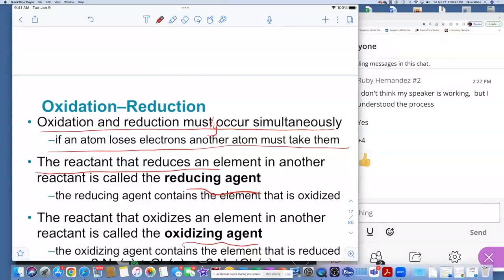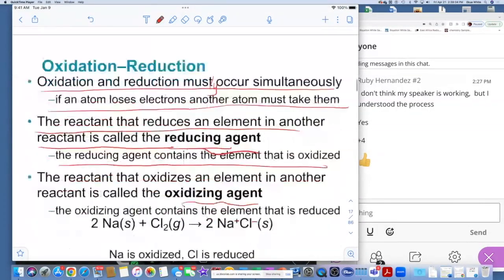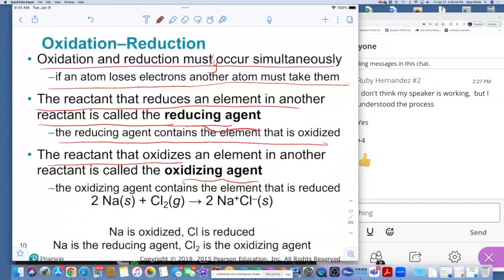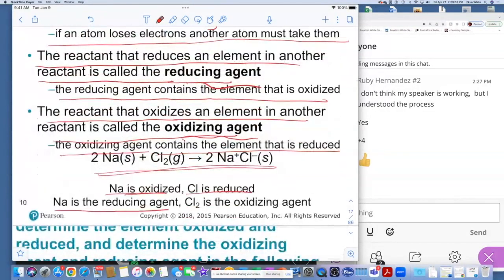The reactant that reduces an element in another reactant is called the reducing agent. The reducing agent contains the element that is oxidized. The reactant that oxidizes an element in another reactant is called the oxidizing agent. The oxidizing agent contains the element that's being reduced. So we've seen that here, right? Sodium is oxidized, chlorine is reduced. Sodium is the reducing agent, chlorine is the oxidizing agent.